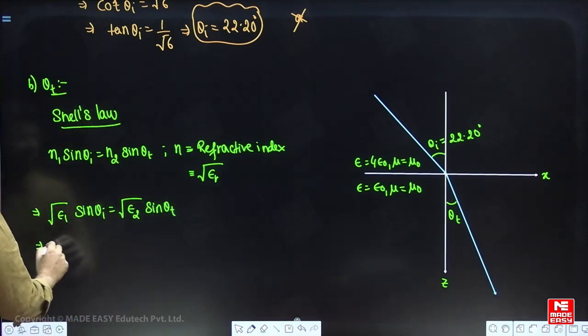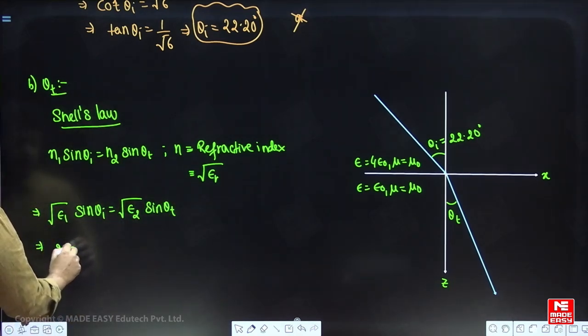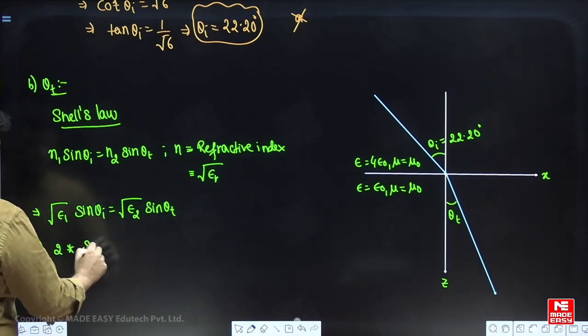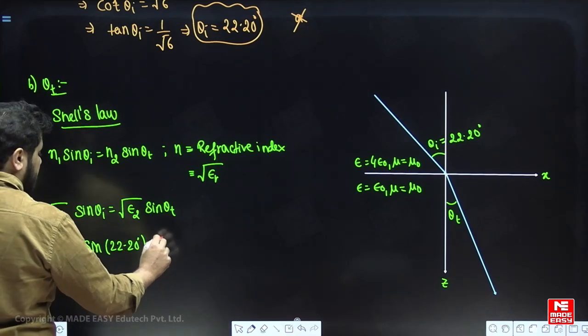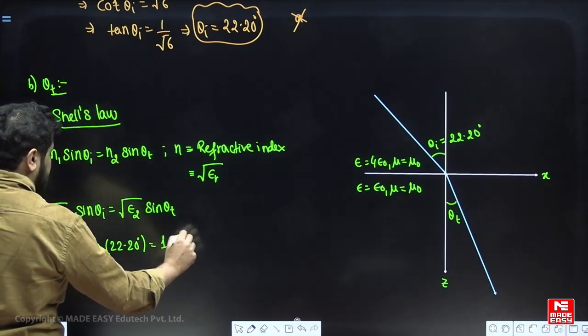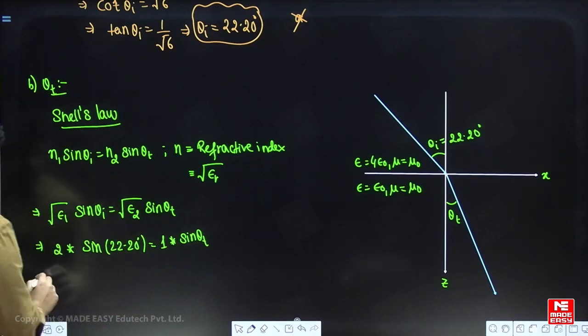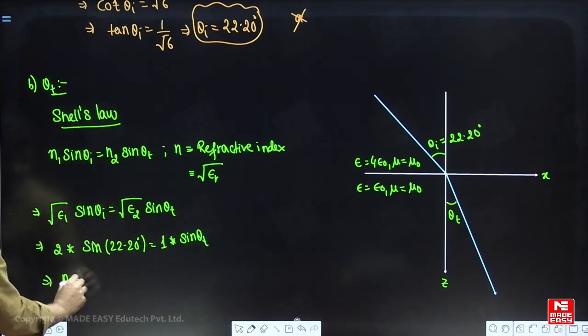So epsilon 1 is 2 multiplied by sine theta I, that is sine of 22.20 degree. Epsilon 2 is 1 into sine of theta t, correct? So let us see how much theta t I am going to get.